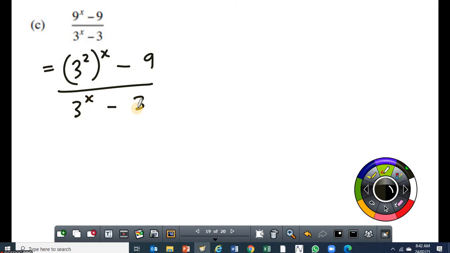Now, I want you to know that from now on, if you have a term like 3 squared, all raised to the power of x, you can swap the positions of the exponents. You can swap the positions of the exponents.